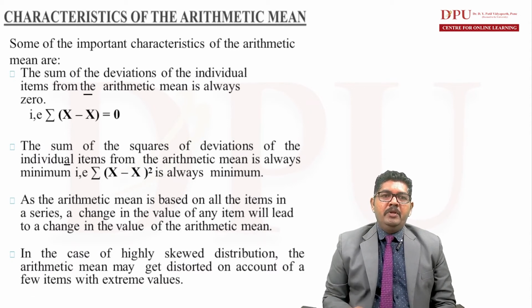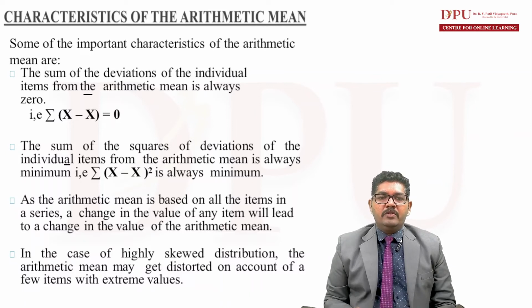Characteristics of arithmetic mean. Some of the important characteristics of the arithmetic mean are given here. The sum of the deviations of the individual items from the arithmetic mean is always equal to 0. So when we have some observations and once we have calculated the arithmetic mean, if we take deviations of all the observations about the arithmetic mean and then add them, we get 0.